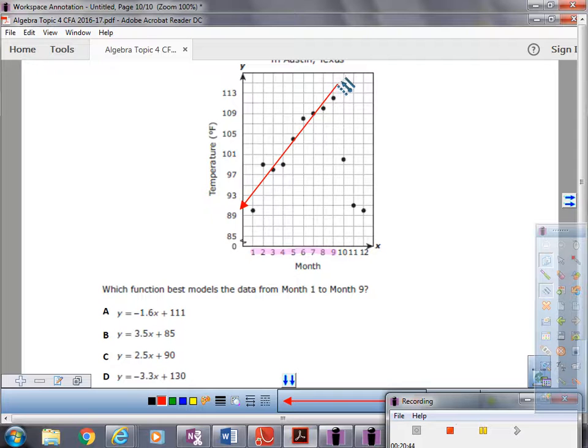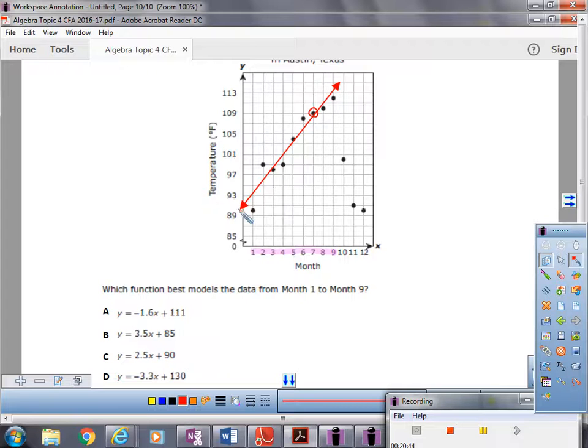And then you want to pick points that are the closest to the line that you can maybe create an equation out of, or graph each one of these to see which one might have one of these points. Because I see a good point right here we might be able to use, right there at 7 and 109. So it's actually a pretty good point.